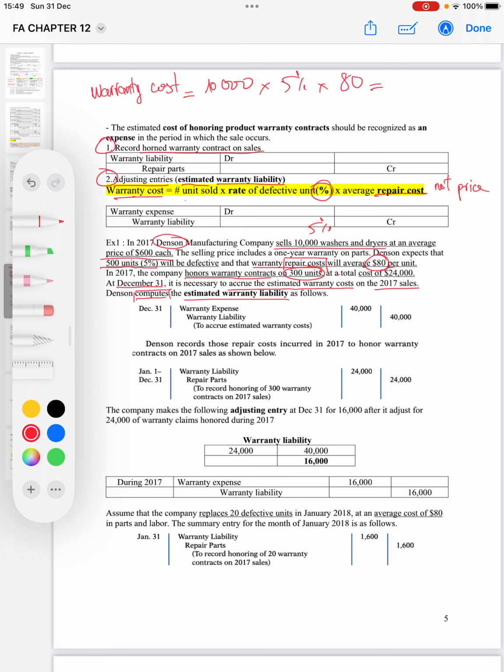And when you use your calculator, the answer will be 40,000. So warranty cost will be 40,000. And to do the entry, we write down the warranty expense debit with the amount of 40,000, and warranty liability is the same amount, 40,000.